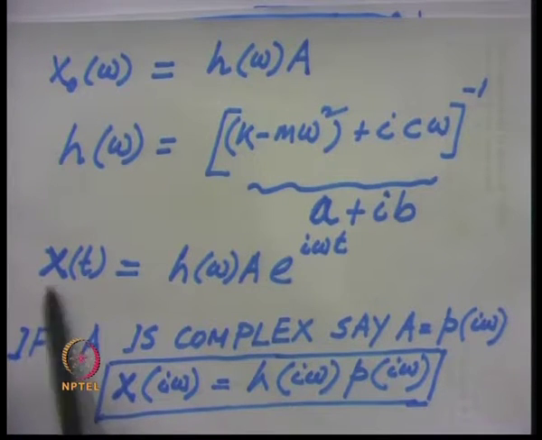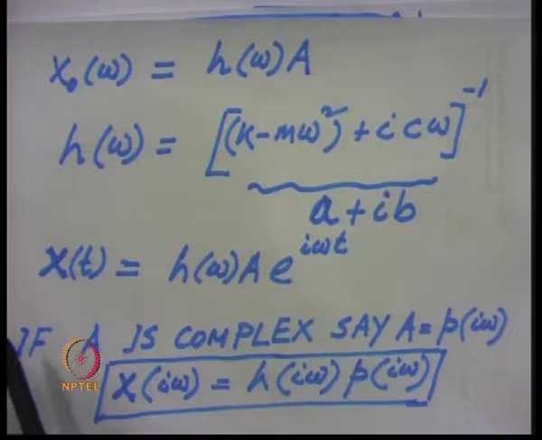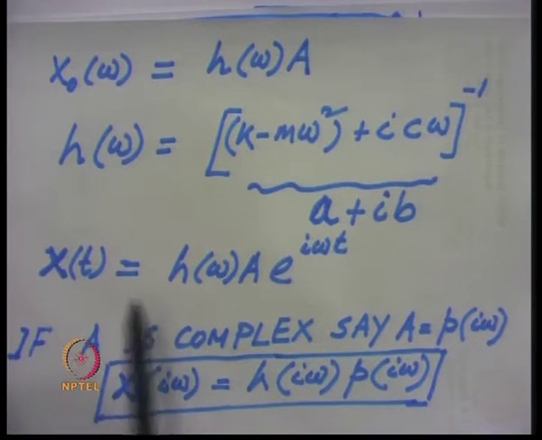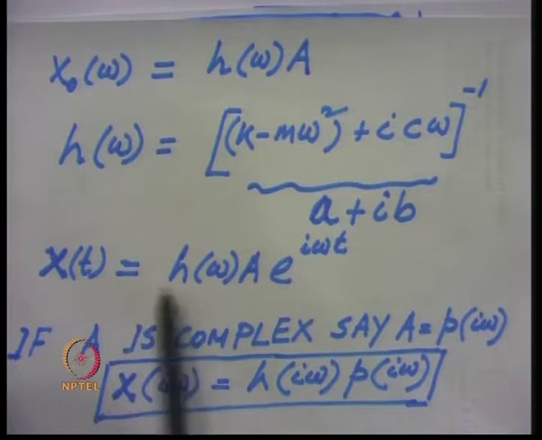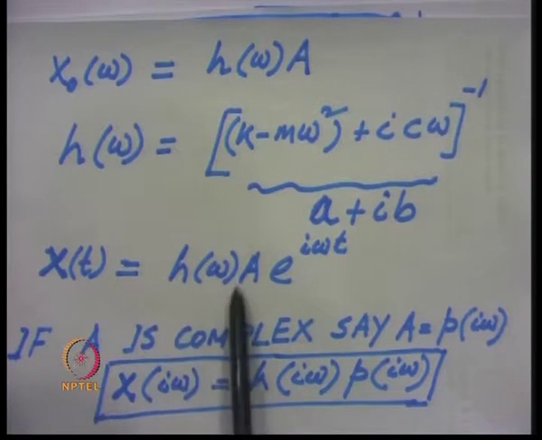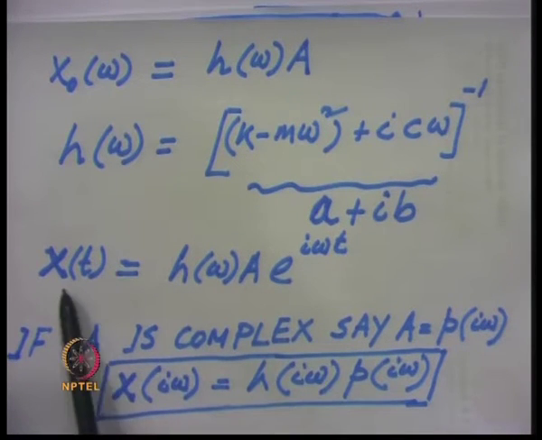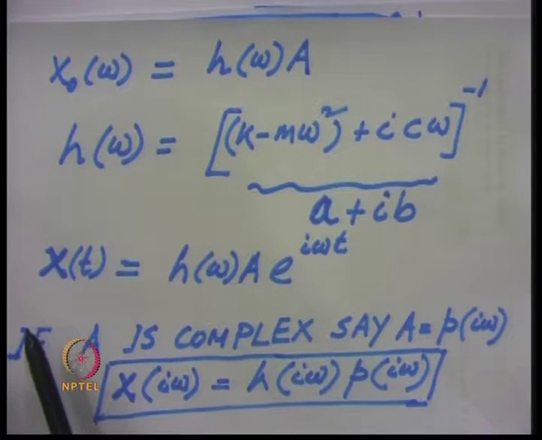The x t that we are wanting to find out can be obtained now by multiplying h omega with a into e to the power I omega t. With the help of this, we can get the value of x t.